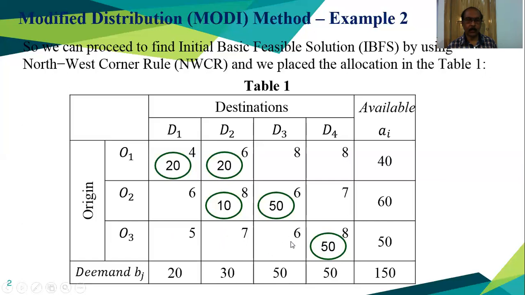This is the least cost, 6, 5 and 6. We can allocate here also, but we have to put it in an independent cell in such a way that it does not form a loop.